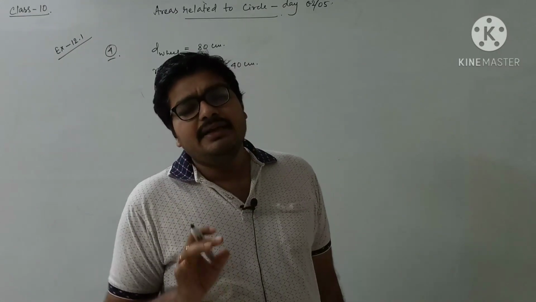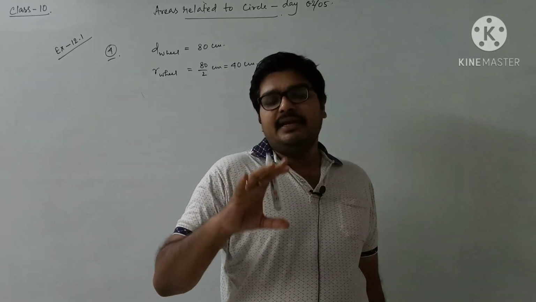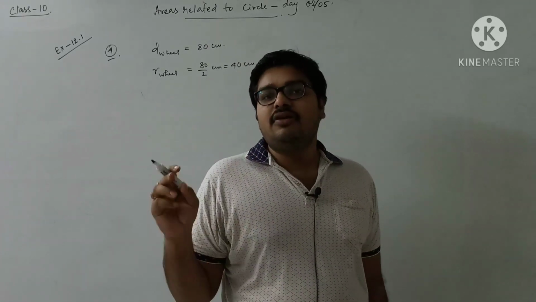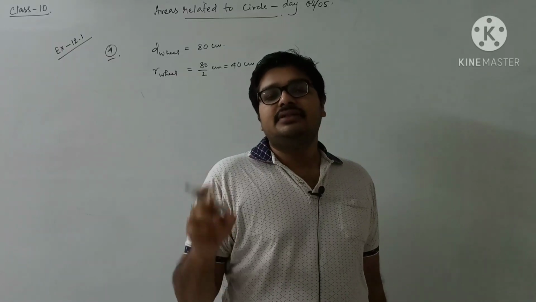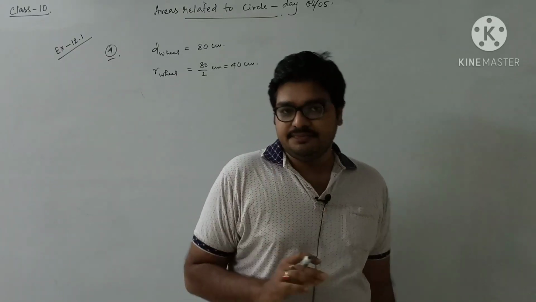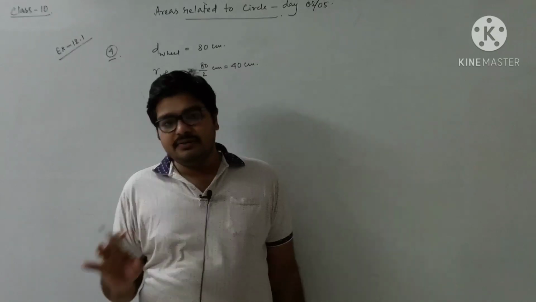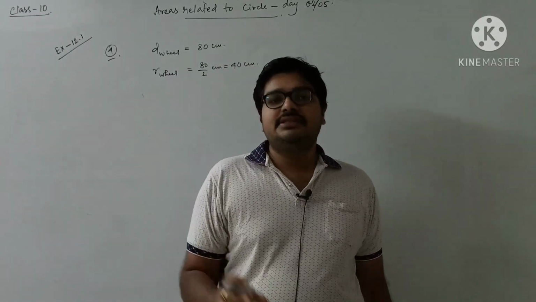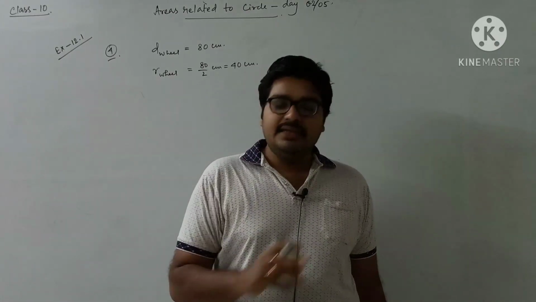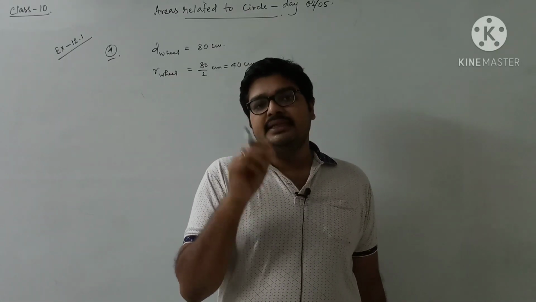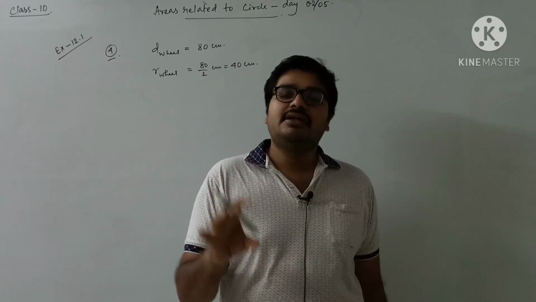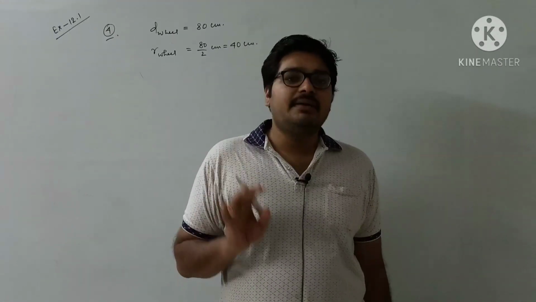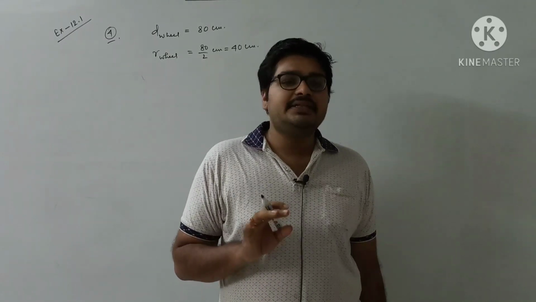One thing we already know: if a wheel does a complete revolution, the distance it covers is equal to the circumference of the circular wheel. If a wheel revolves once, the distance covered is equal to its circumference. So I have to find the circumference of the wheel to complete this sum.